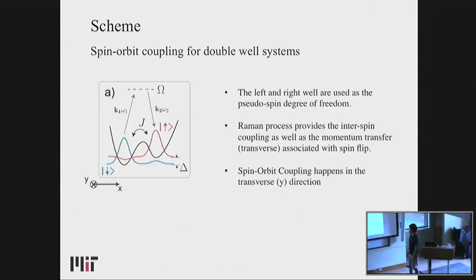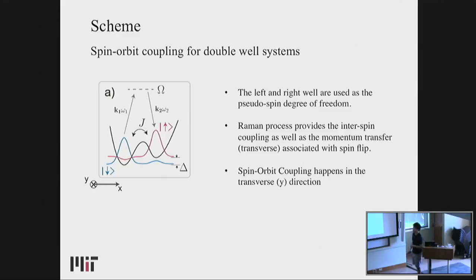More details about our system: we use the left and right wells as the pseudospin, and we use the two-photon Raman process to transfer the atoms from the left well to the right well. An important thing to mention is that our scheme is arranged so that one of the Raman beams is along the double well direction, and the other Raman beam is perpendicular to the double well direction, denoted as the y direction.